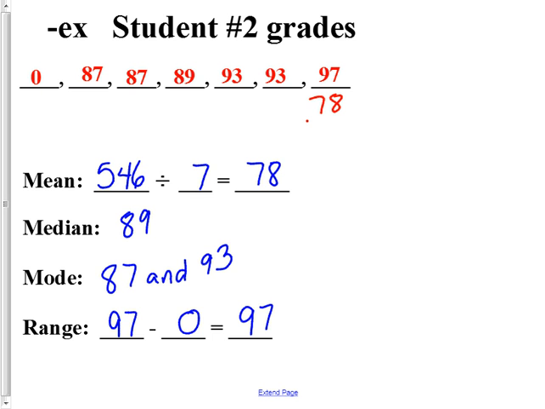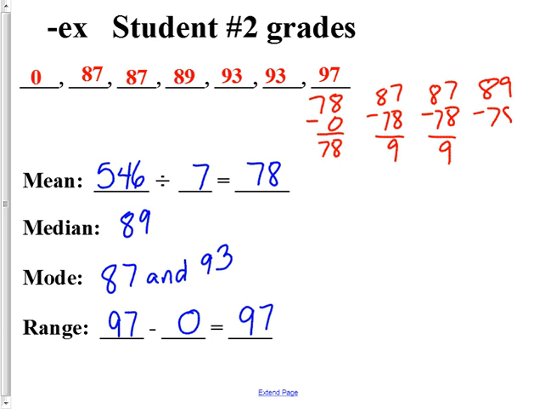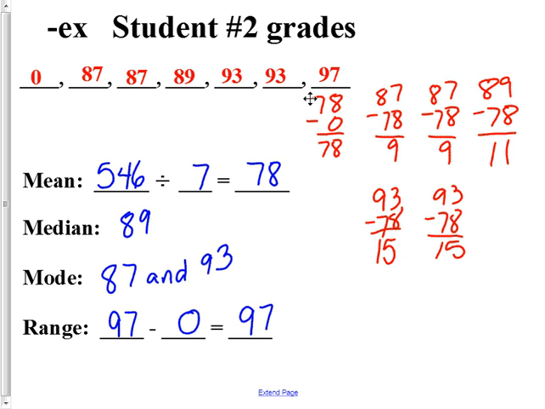Well, 78 minus 0 is 78. 87 minus 78 is 9. 87 minus 78 is 9. 89 minus 78 is 11. 93 minus 78 is 15. 93 minus 78 is 15. And 97 minus 78 is 19.